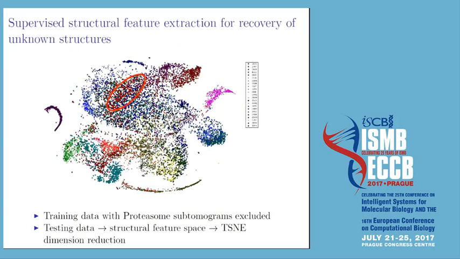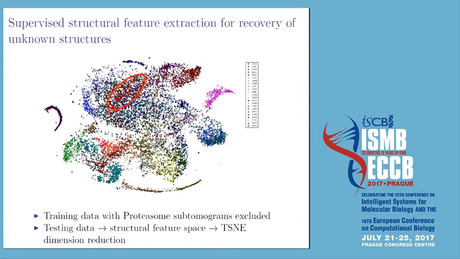In addition, because in most cases we do not know the native structures of macromolecular complexes, it is very important for an approach to be able to detect new structures that do not exist in the training data.